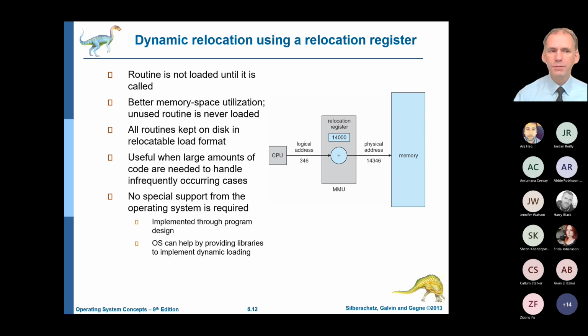When I programmed systems, I'm going to give away my age now, when I programmed systems in the 1980s, it was on a PC that had 64 megabytes of memory. The program that I was creating was 512 megabytes.